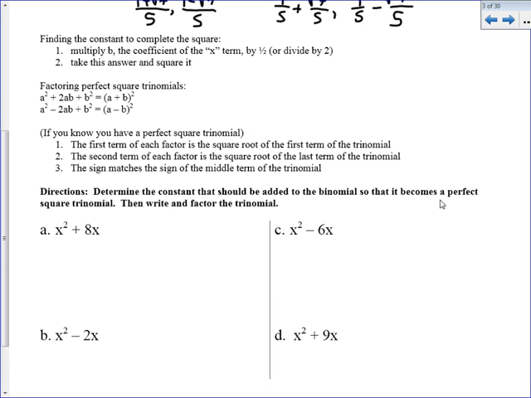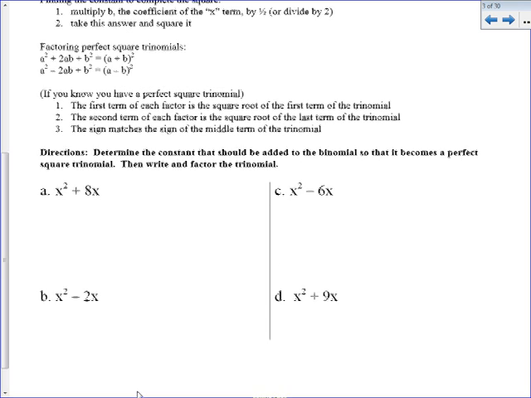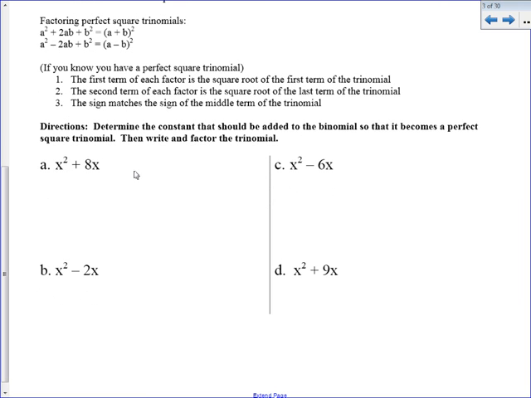So what a perfect square trinomial means is that when I factor my trinomial, so we're going back to Unit 1, I get the same factor twice. So what you're going to be given is the first 2 terms of a trinomial. And you need to find C, the number on the end, so that when I go back and factor the whole thing, I get the same factor twice.